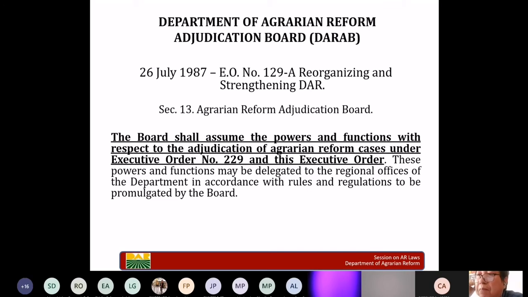So, in my opinion, the quasi-judicial powers exercised by the Department of Agrarian Reform through the DARAB is an exercise of quasi-judicial function, whereas the rendition of judgment in ALI cases through the secretary is an administrative implementation of the program under PD 27 and RA 6657 as amended.